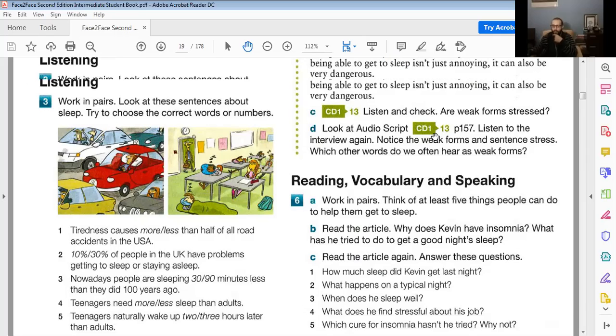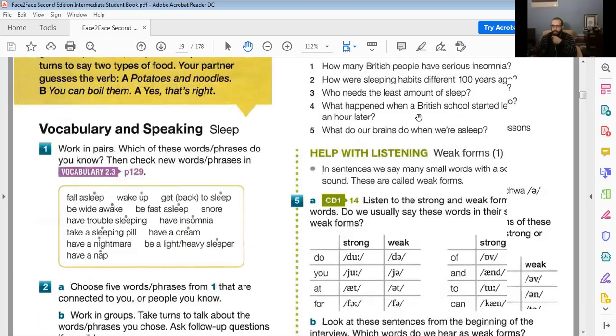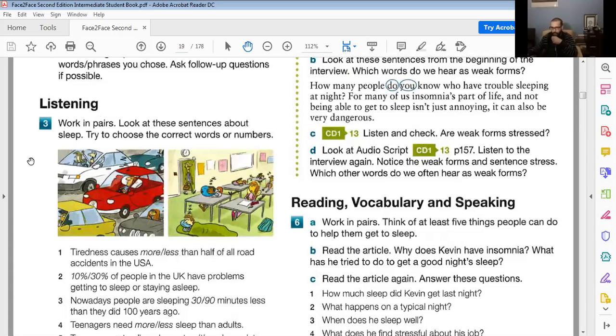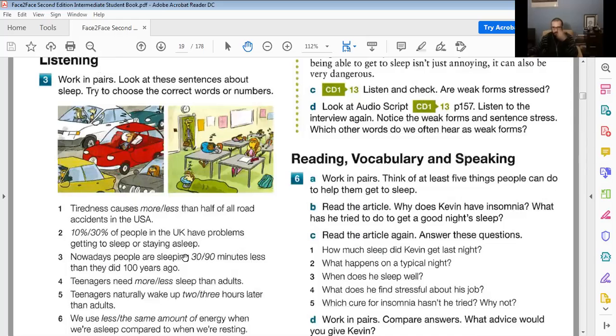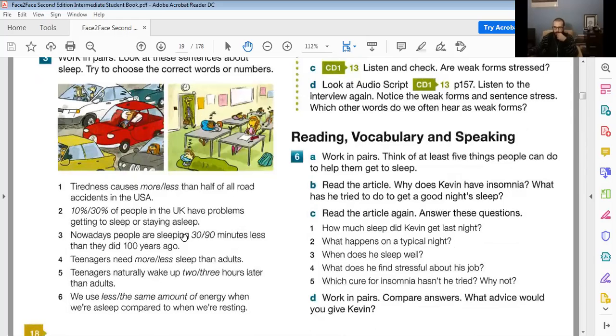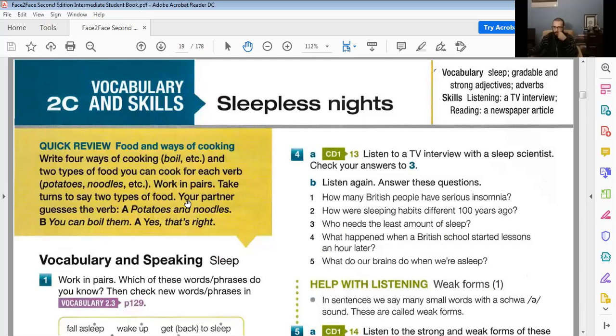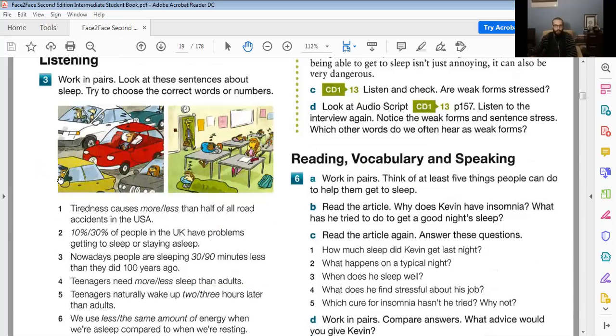After that, of course, we will listen to it on the track. So here we want to guess.